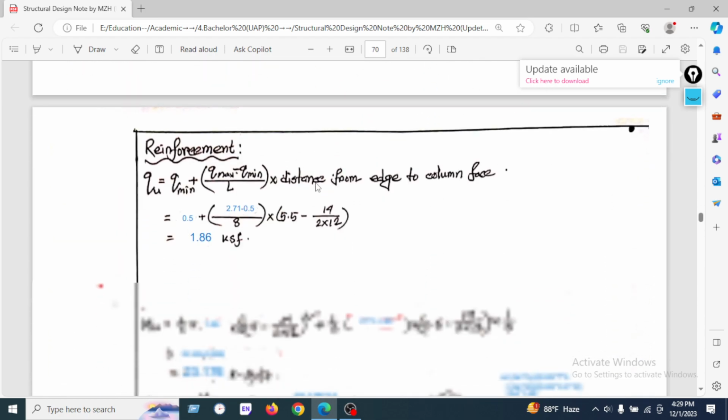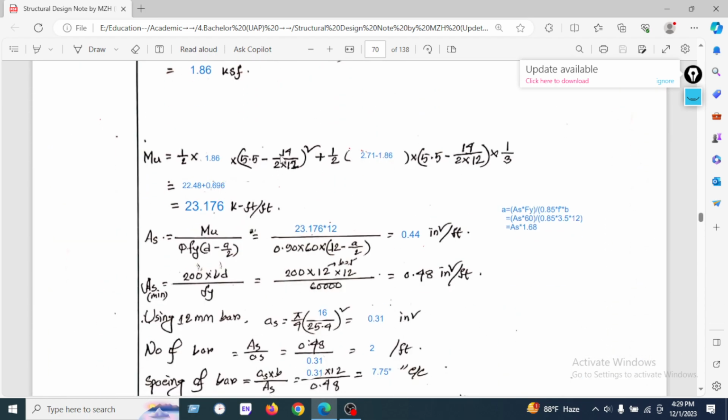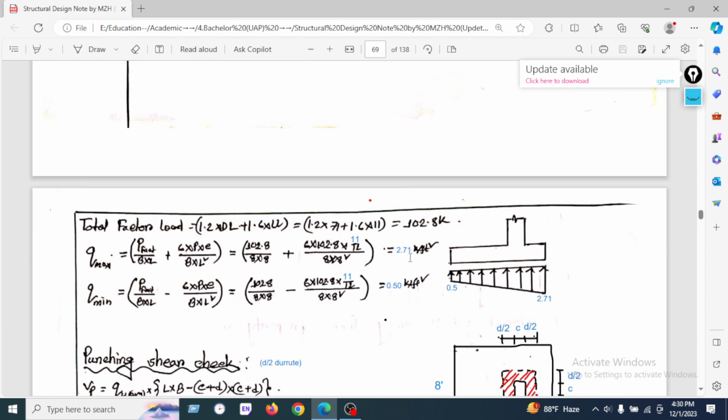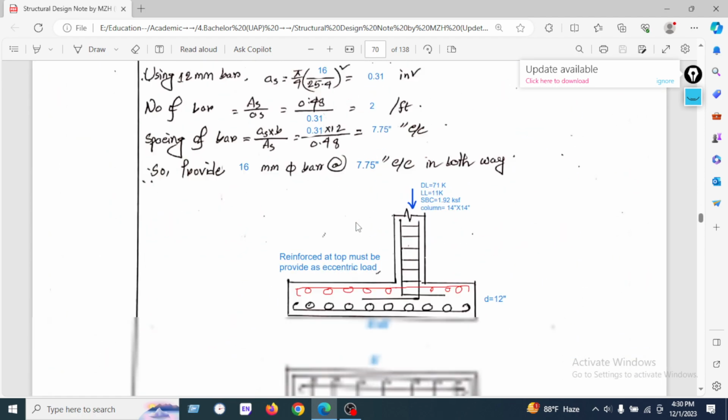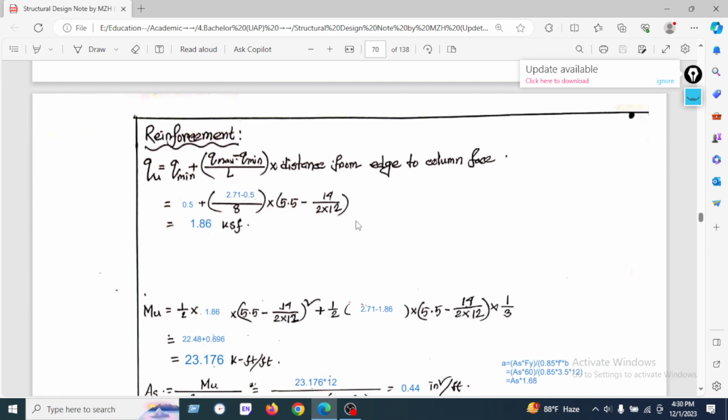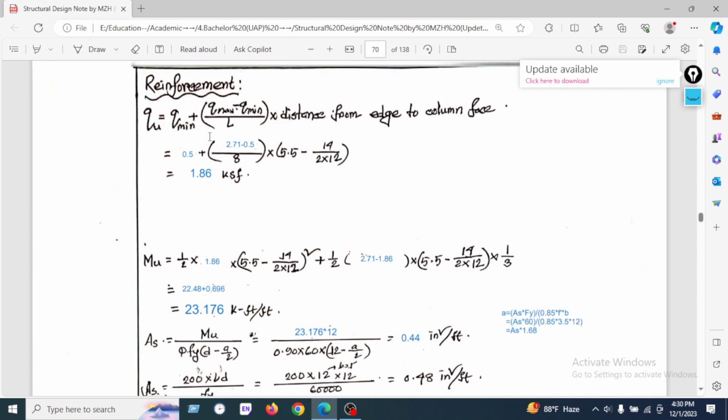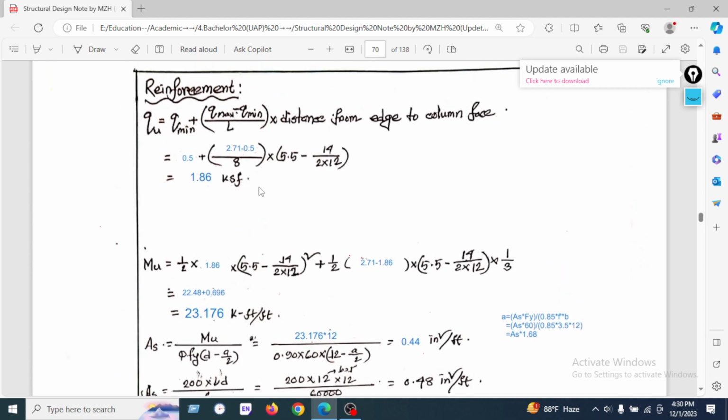Okay, and now here is 5.5 minus 14 divided by 2. 14 is the column, and divided also by 12 to convert inches to feet, and half is similarly half into 2.71. 2.71 is the maximum soil pressure found here, and deduct the value of 1.76, found here as the overburden pressure of soil.